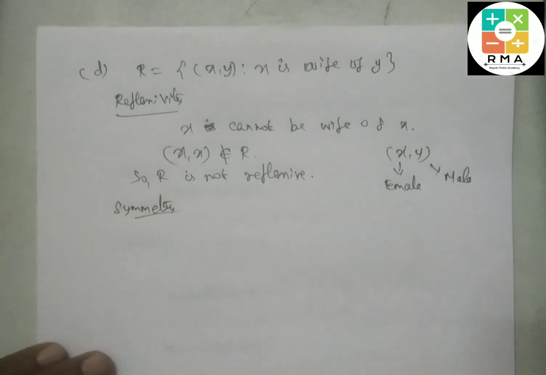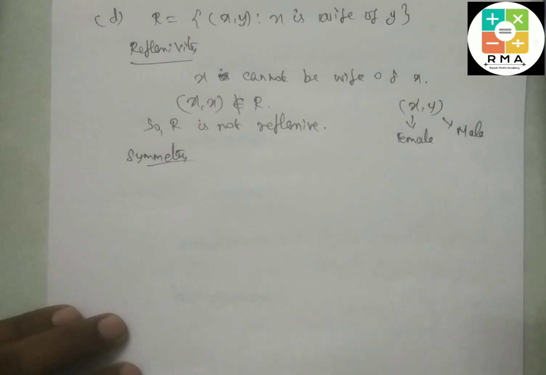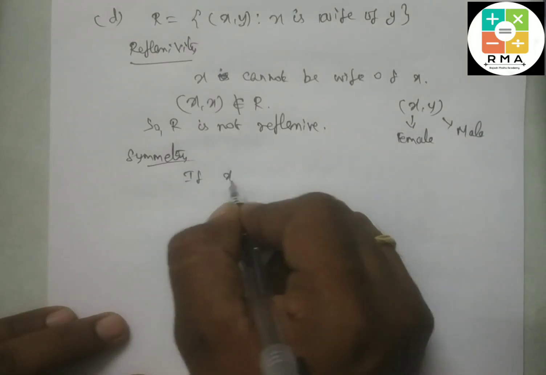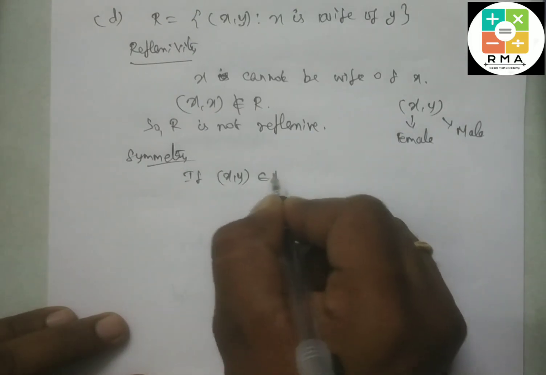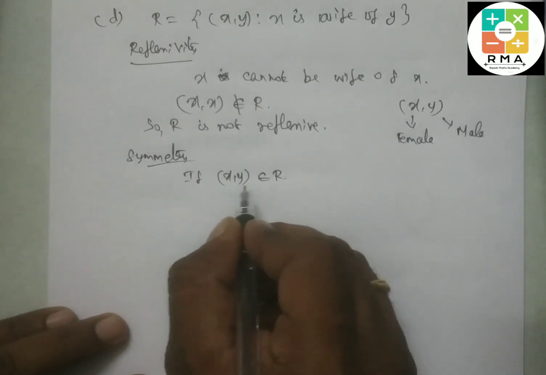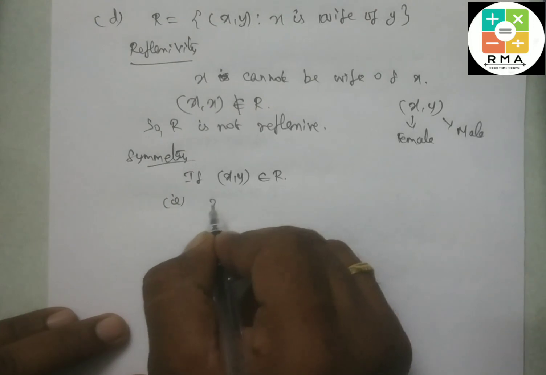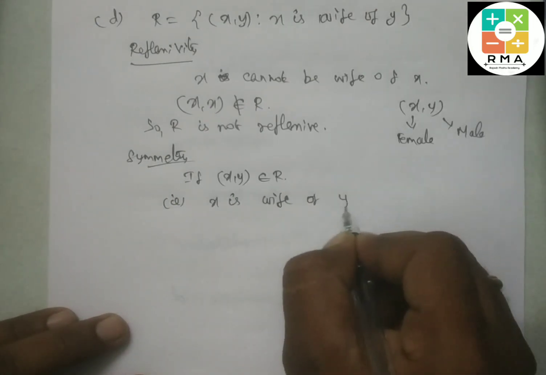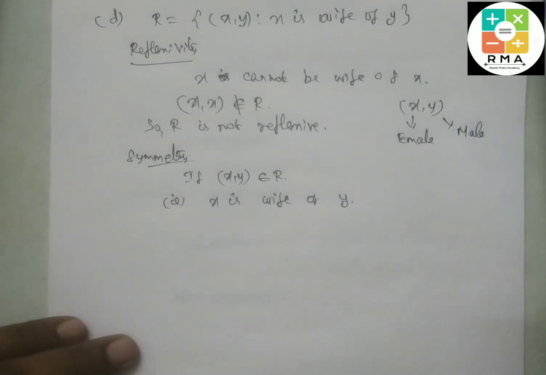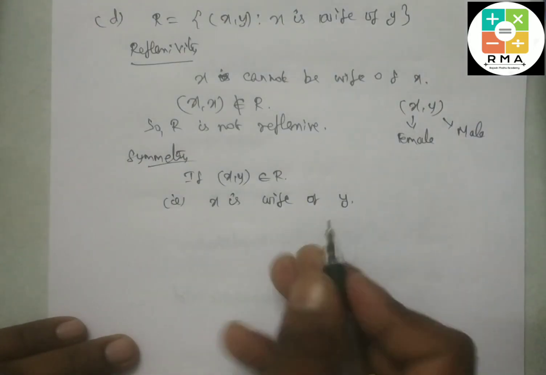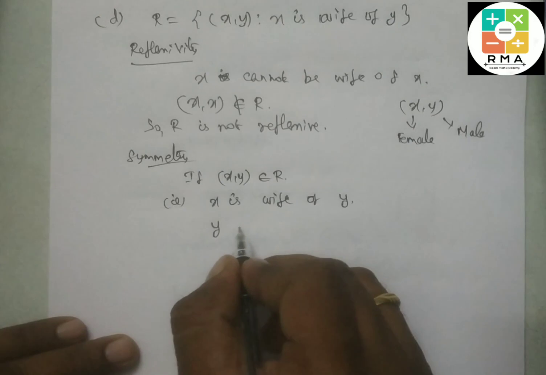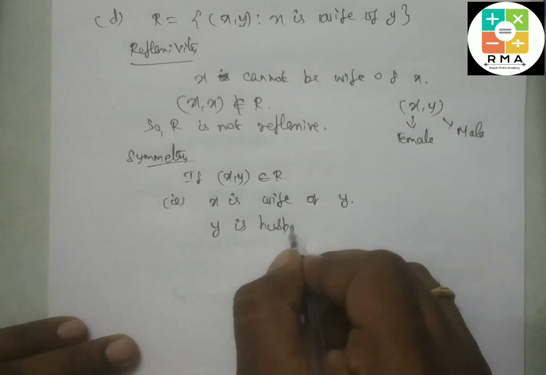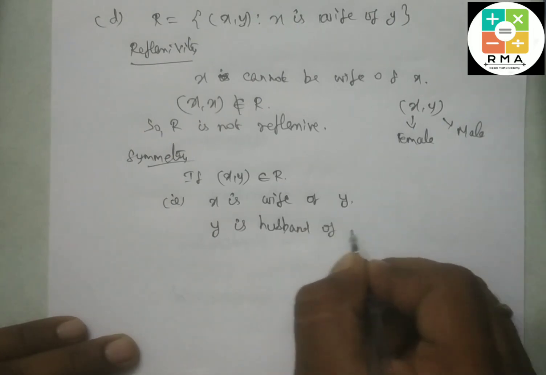The symmetry definition is: (x, y) belongs to R means (y, x) also belongs to R. If (x, y) belongs to R, what is the relation between x and y? x is wife of y. So if x is wife of y, and we are reversing, y is not wife; y is husband of x.